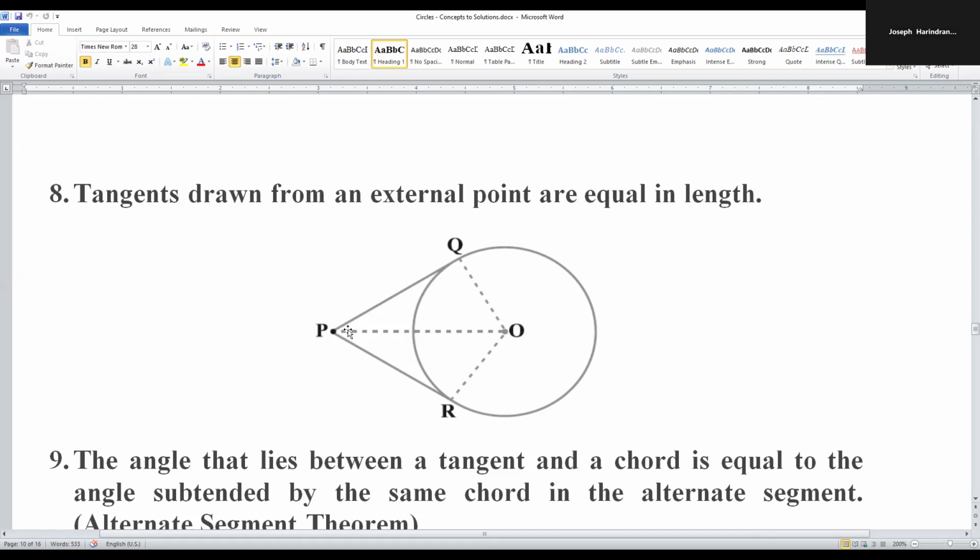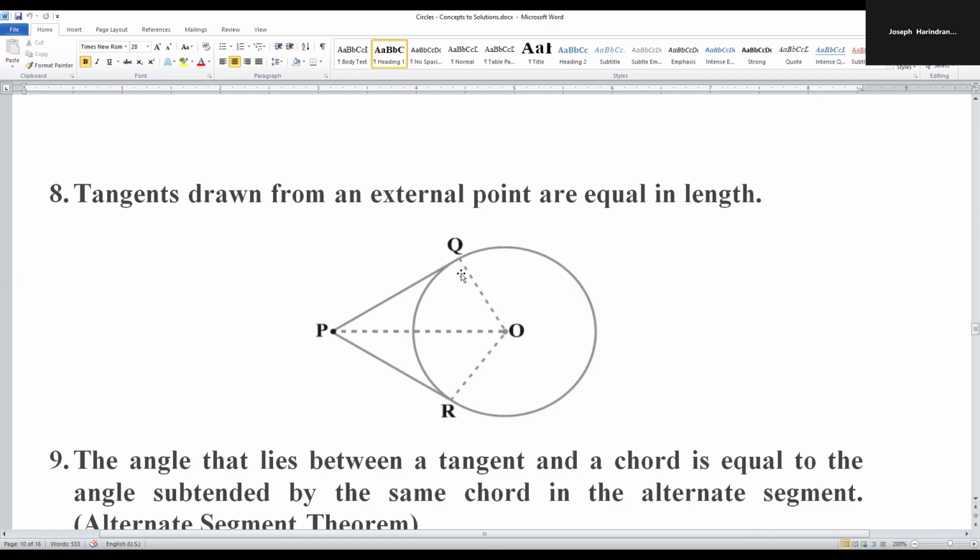That is, PQ is equal to PR, which can be proved by the RHS congruence rule of the two right angle triangles, because we know that these two, ORP and OQP, are right angle triangles, because the tangent is perpendicular to the radius at the point of contact.